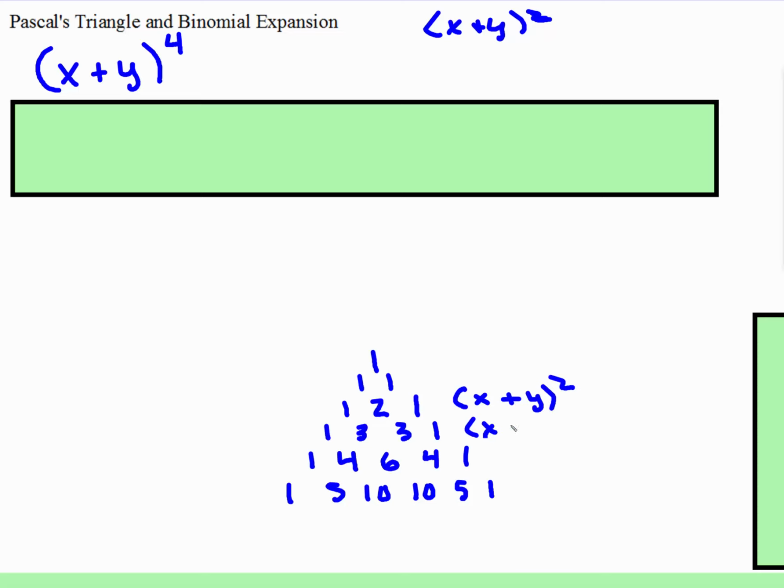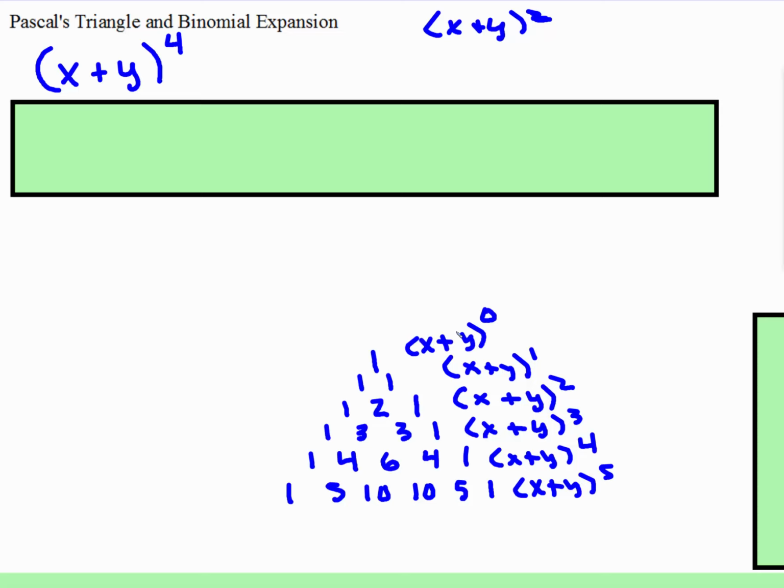This would be a binomial cubed, a binomial to the 4th, and a binomial to the 5th. Well, this would be a binomial to the 1st, and this would be a binomial to the 0, which is 1, since any non-zero number to the 0 exponent is 1. So we're not ever going to use that, but it's good for you to know.